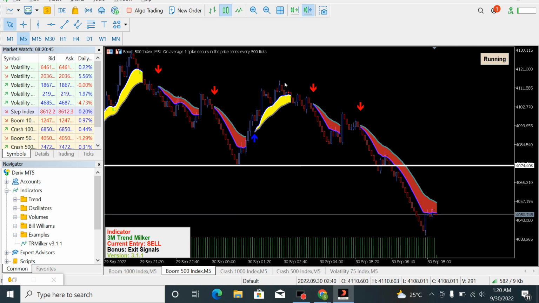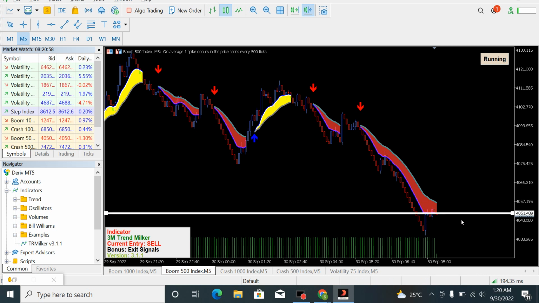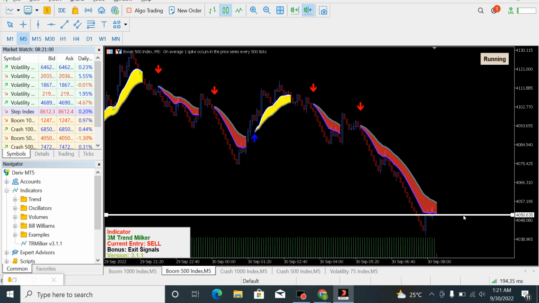Okay, so it got to this region, was unable to pull through this resistance zone, so it went back into a downtrend. And right here, even though it's still on a downtrend, it is not the best time for you to come in again, because it has gotten to a major support zone. It was unable to break out from there, so it pulled back. So this is very close to a major support zone.